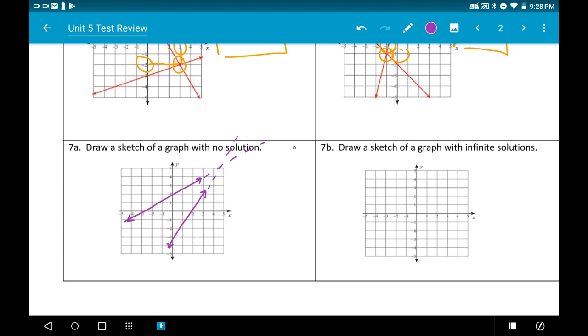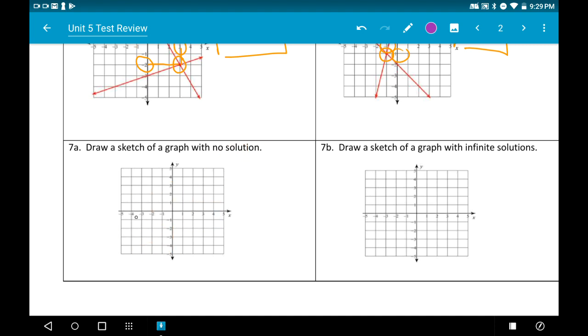If these kept going, it may not show you the whole graph, but they would eventually touch. So anytime they could eventually touch, that means they have a solution. It may not be actually shown on the graph, but extend your line, see if they would touch, and if they would, they have a solution.